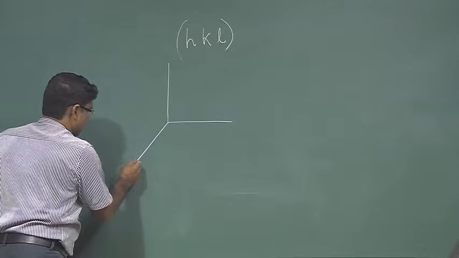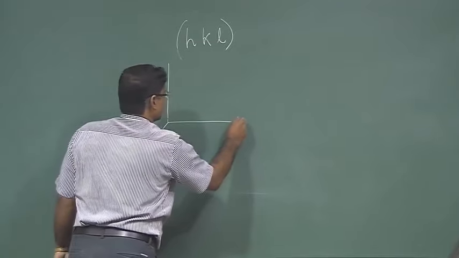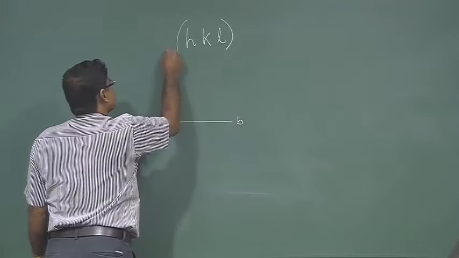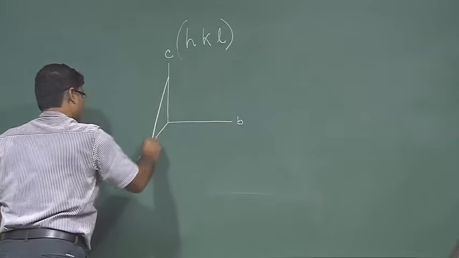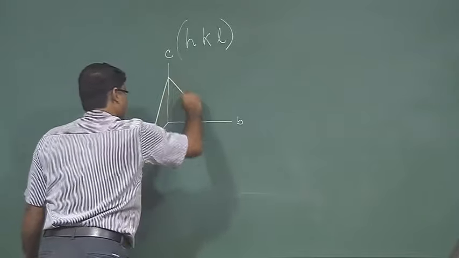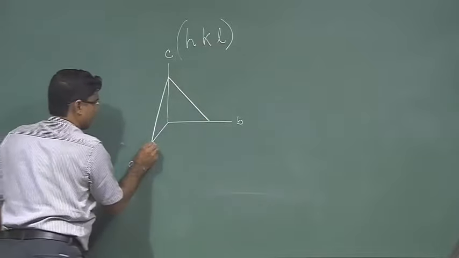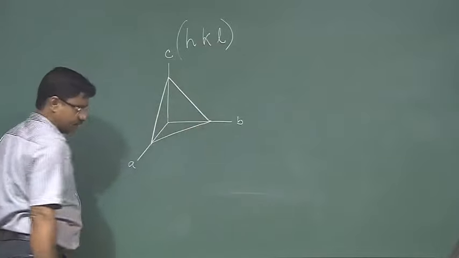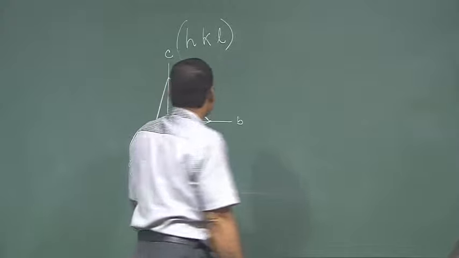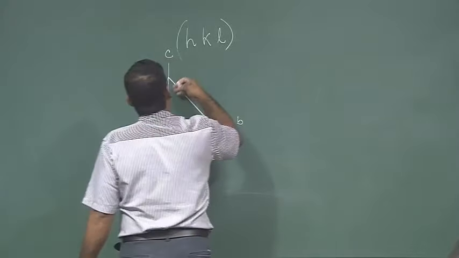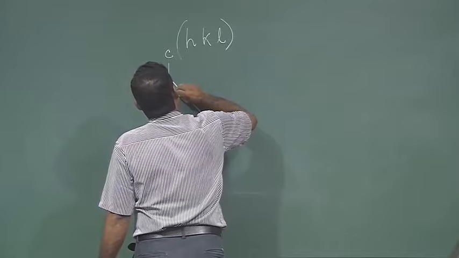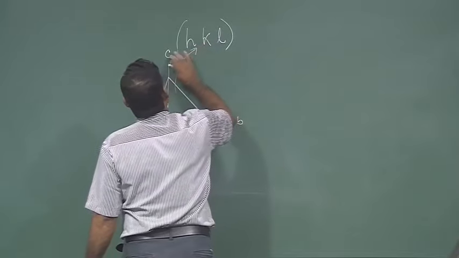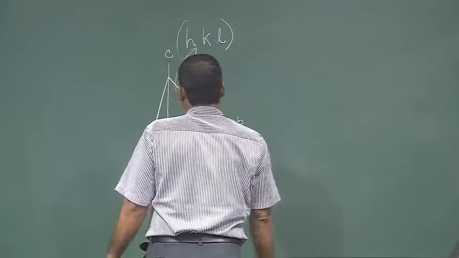So this is A, this is B, this is C. This is a plane, this HKL plane. Okay.